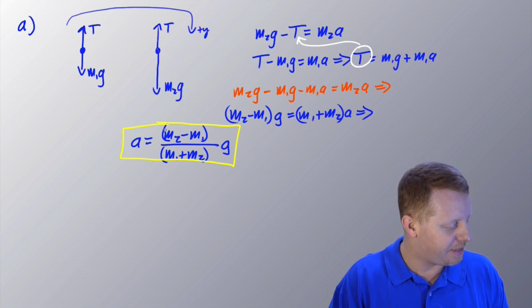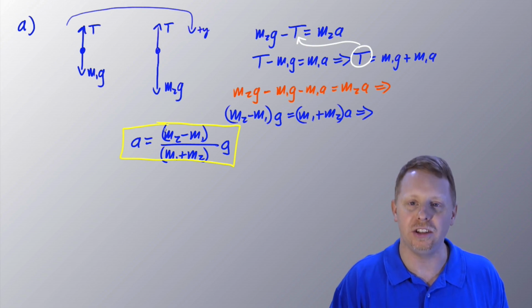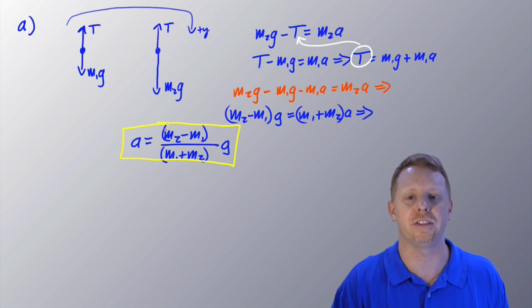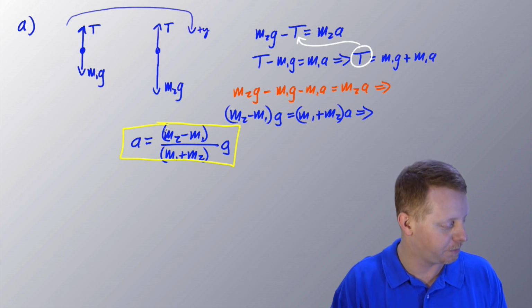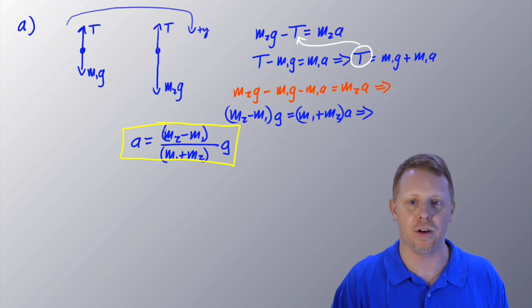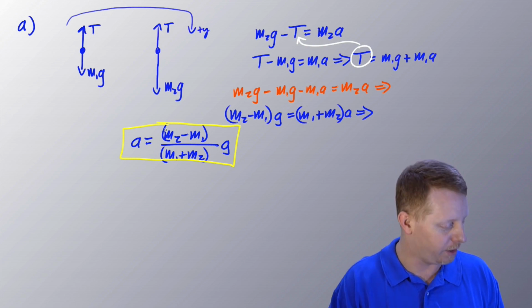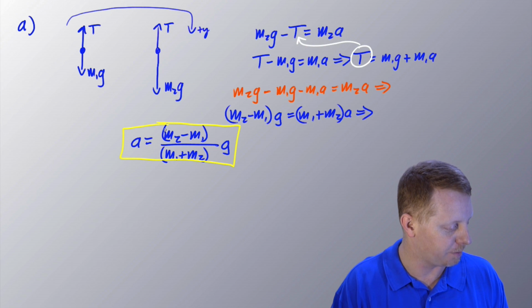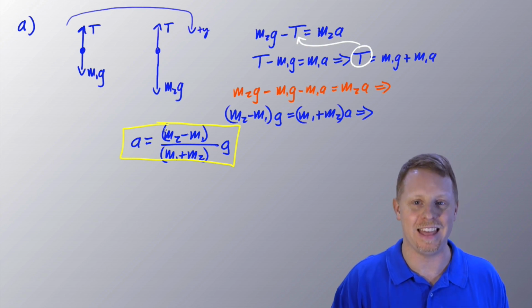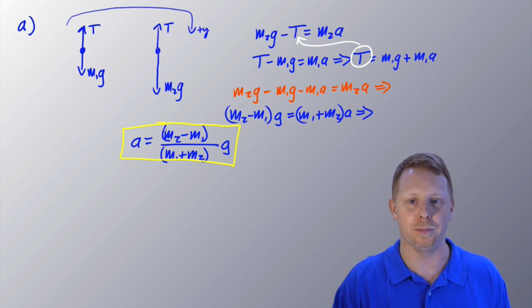Why? Because in this new system, the net force on the 3-block system is unchanged. We still have the net force from M1 and M2 in those opposite directions, the force of gravity on those 2 blocks. But the mass of the system is larger. So same force, larger mass, Newton's second law says we're going to get a smaller acceleration. So I would explain something to that effect, and that would close out number 1.